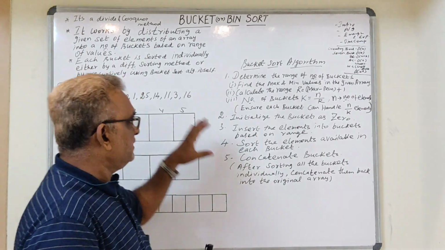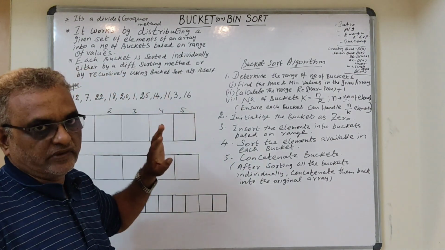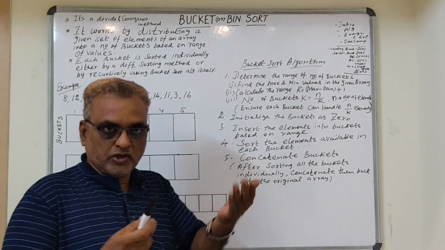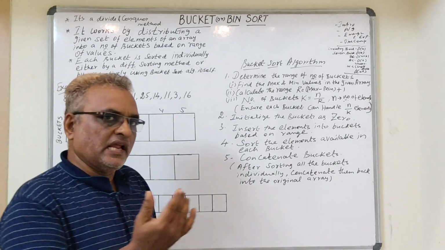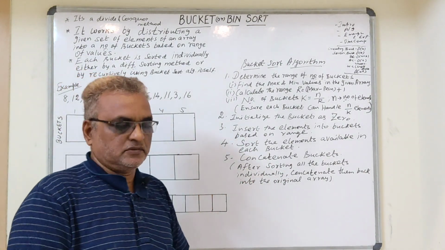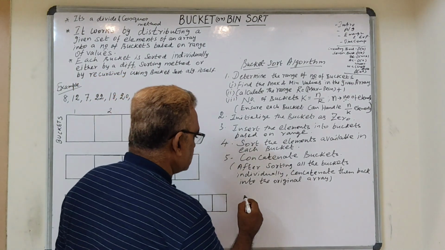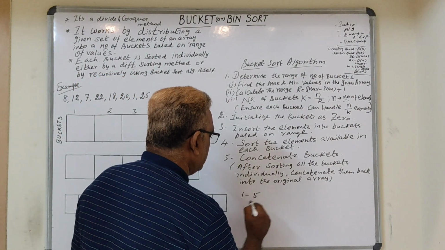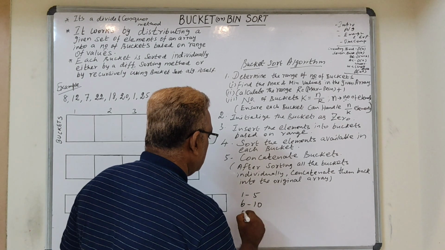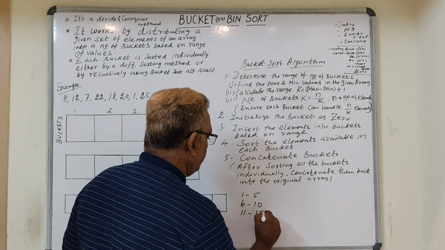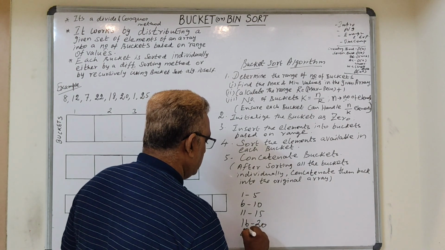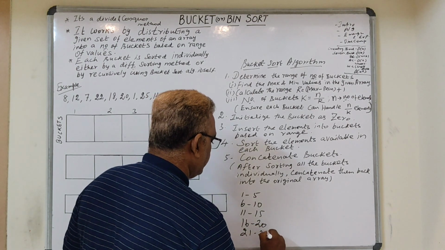For example, in this case we have 12 elements, and the range of the values is 1 to 25. So I can have 5 buckets. The ranges of the buckets can be given as 1 to 5, then 6 to 10, then 11 to 15, 16 to 20, and 21 to 25.